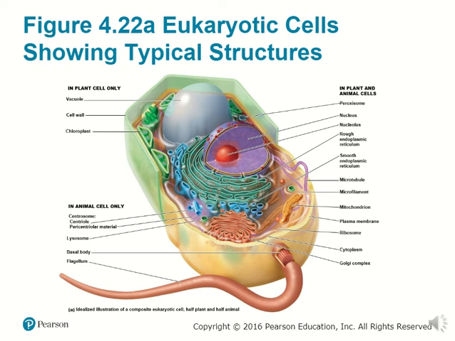Unique to animal cells are centrosomes, centrioles, and pericentriole material, which help provide structure. There are also lysosomes, which help to move and dissolve things, basal bodies, and then flagellum.